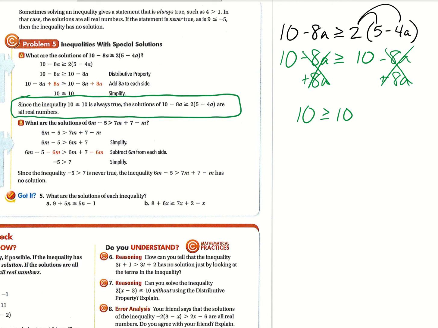So since the inequality 10 is greater than or equal to 10 is always true, the solutions of 10 minus 8a is greater than or equal to 2 times the quantity 5 minus 4a are all real numbers. Okay, so in this situation, all real numbers is what you're looking for. Okay, you could also call that an identity.